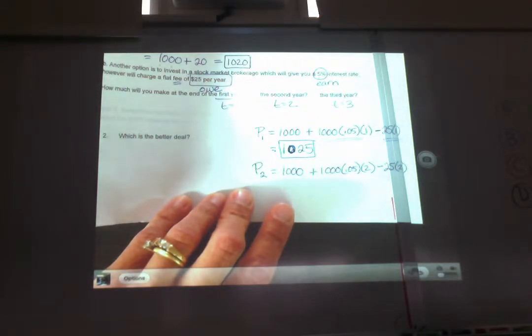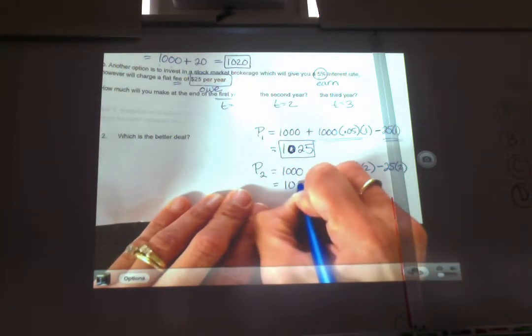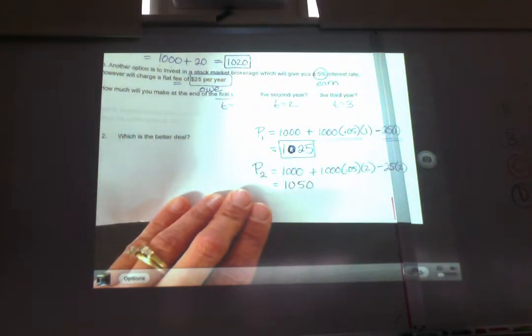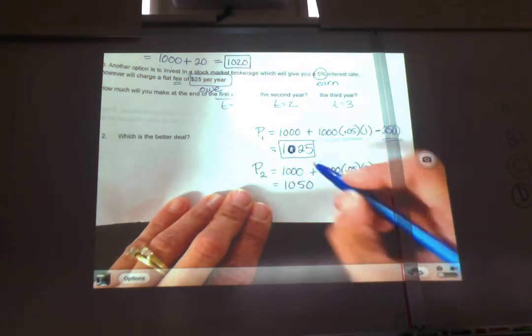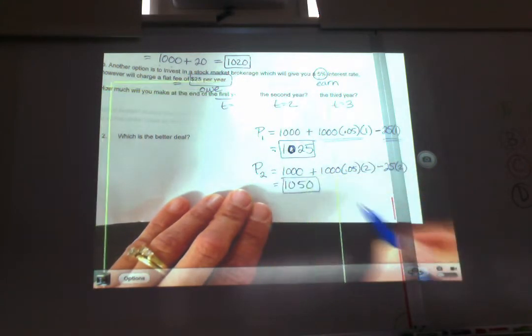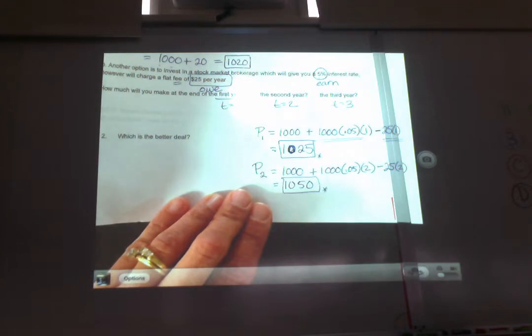Let's plug it all into my calculator. 1,000 plus the interest, 1,000 times 0.05 times 2, and then minus 25 times 2. 1,050. What was it the second year in our other scenario? 1,040. Okay, so far we're earning more. This year we earned more, and this year we earned more than the other thing.